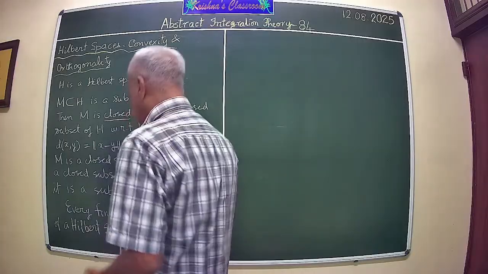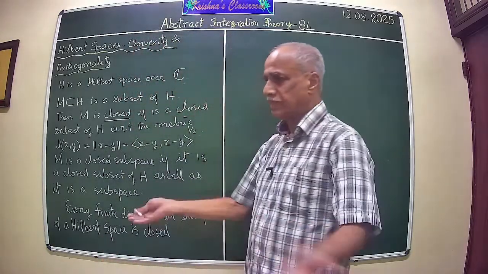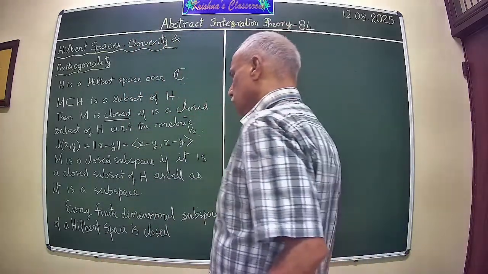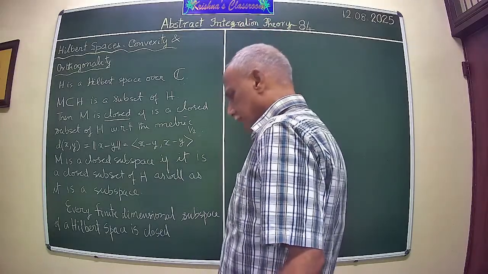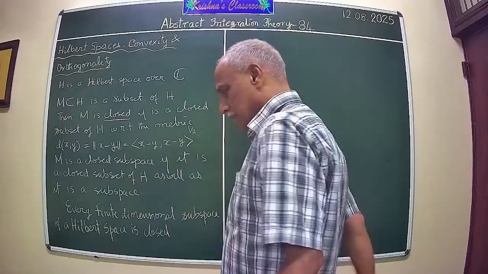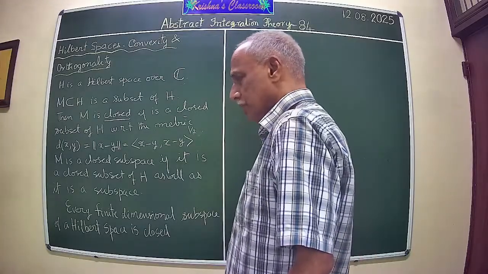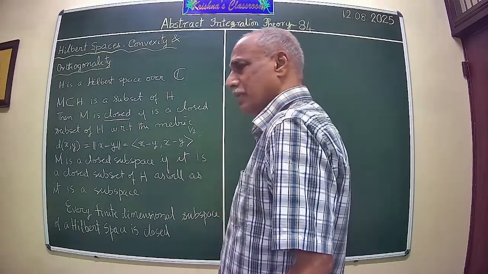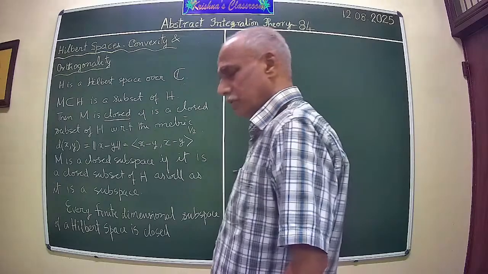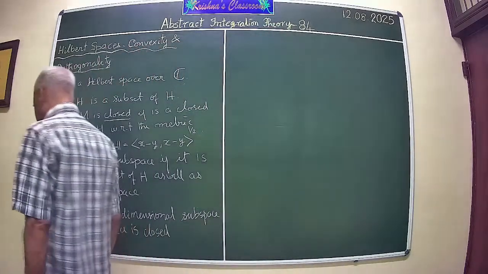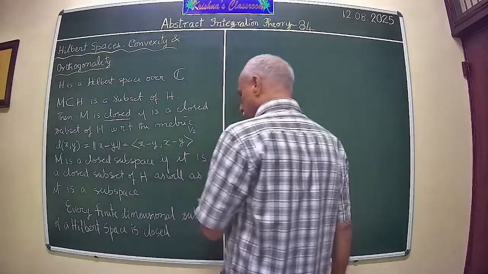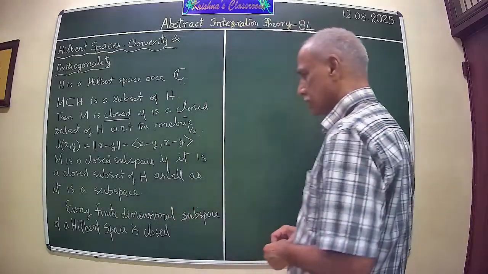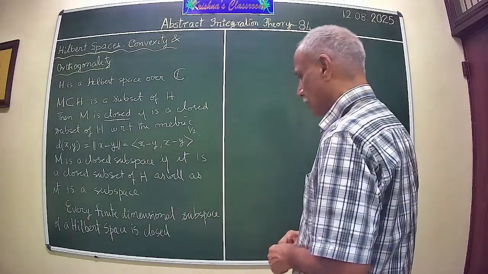Now this is easy to prove because you take a basis consisting of finitely many elements and every vector can be written as a linear combination of that. Then you take sequences which are Cauchy, you can easily show that it converges to a vector in the space itself, in the subspace itself.